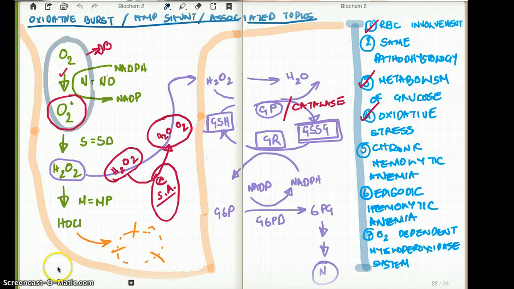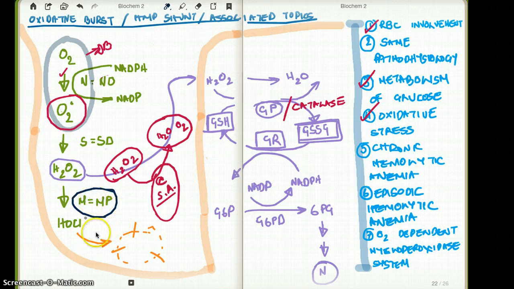So now let's make it a little bit more interesting. So we saw that if we have a CGD, or if we have deficiency of NADPH oxidase, we can still kill bacteria by using the hydrogen peroxide that is being made by our bacteria. But instead of NADPH oxidase, what if you have deficient myeloperoxidase?